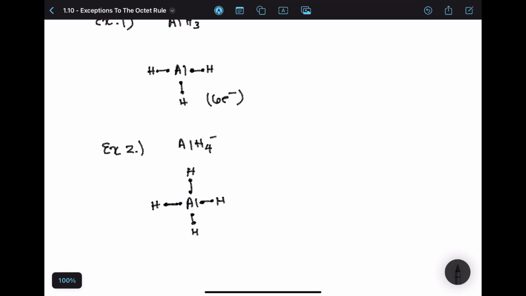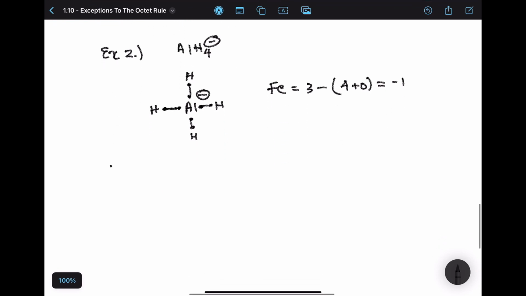Right, and if we do the formal charge calculation, it's going to be 3 valence electrons minus 4 plus 0 for negative 1. And so aluminum is going to have a negative charge, which was already indicated up here. And so aluminum is another example that violates the octet rule. Let's do one more example.